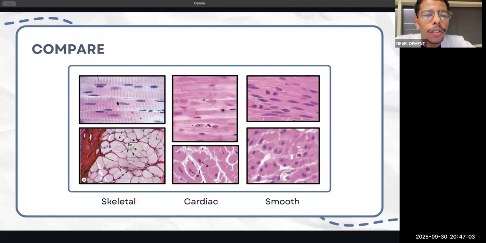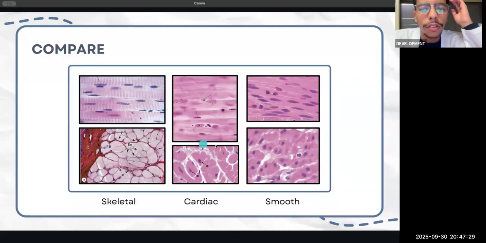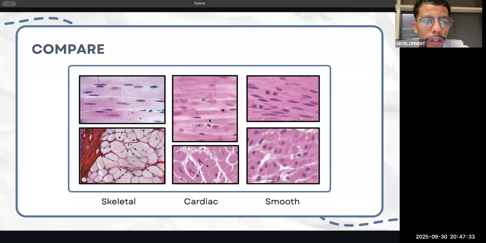You don't really have to know about syncytium, but I'm just telling you so that you understand why we have the intercalated discs. But they might ask you about it in MCQs. However, in OSPE, they don't usually ask about it. You can't really see intercalated discs in cross-section because it's so thin, you can't get an exact cut at that point.